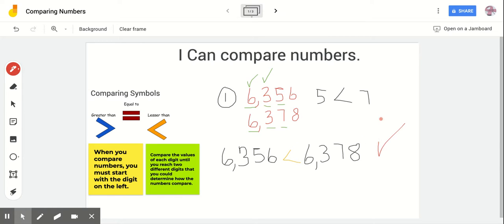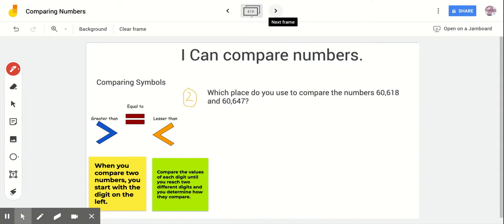Okay, so now let's take another look at a different question. This question is asking us, which place do you use to compare the numbers 60,618 and 60,647? So which place do you actually use? Let me compare these two numbers to see which place I have to use.